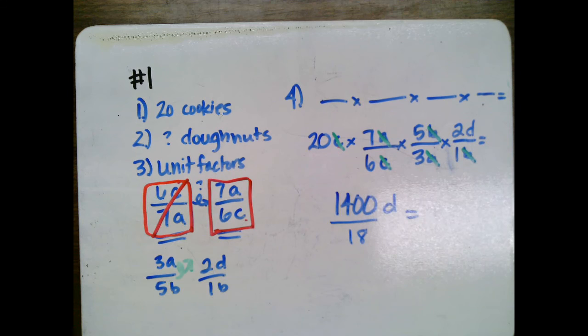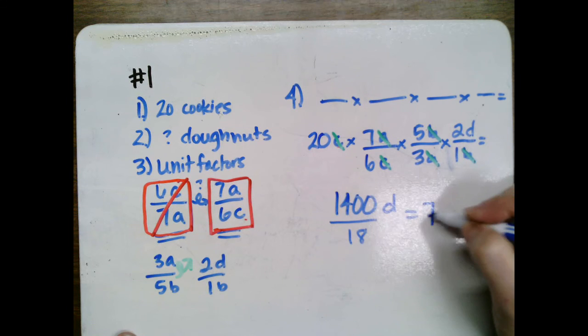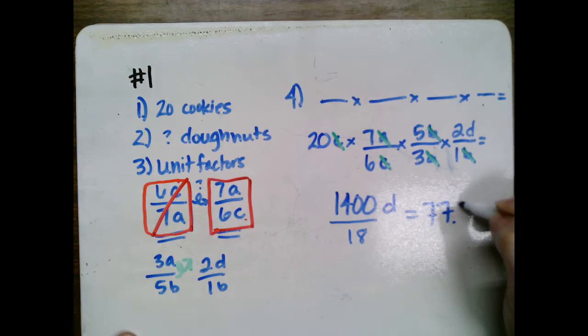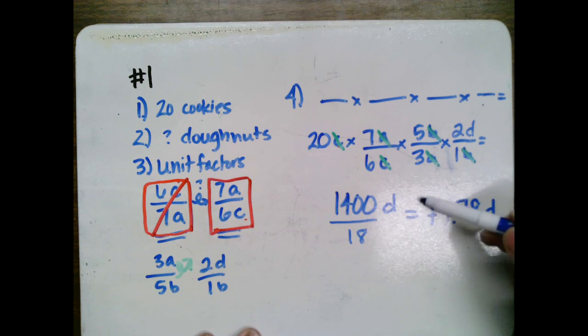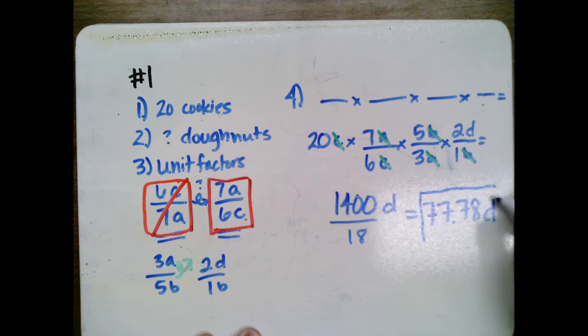Calculating, you would have 77.78 donuts for 20 cookies. And that is your answer. Okay, that's your setup.